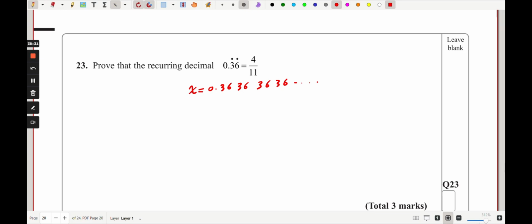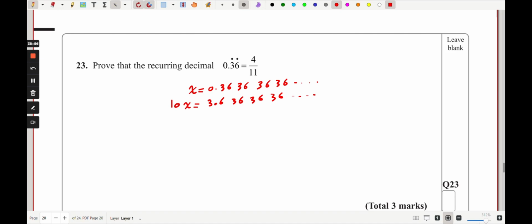Now this is x. We'll multiply it by 10 and get 10x equals 3.6, then 36, then 36 again. If we subtract, 3 minus 0 is 3, but here we would subtract 6 minus 3 and 3 minus 6.